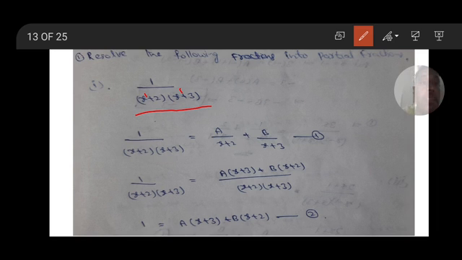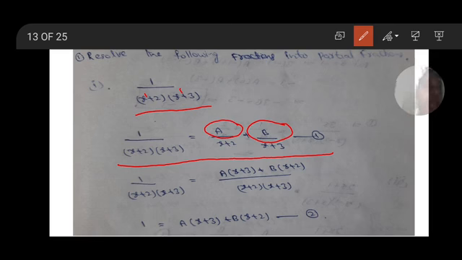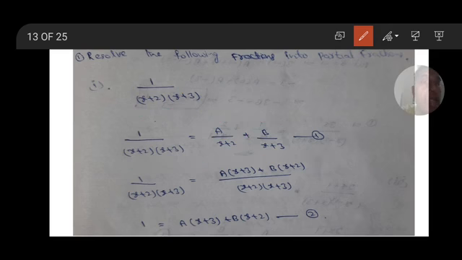So first case, we get 1 by x plus 2 into x plus 3 equals A by x plus 2 plus B by x plus 3. We have to calculate the A value and B value in the expression. We will see how to calculate.